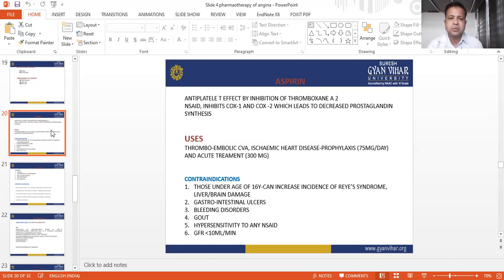Contraindications: those under age of 16 years, can increase incidence of Reye's syndrome, liver and brain damage, gastrointestinal ulcers, bleeding disorders, gout, hypersensitivity to salicylates, and glomerular filtration rate less than 10 ml per minute.